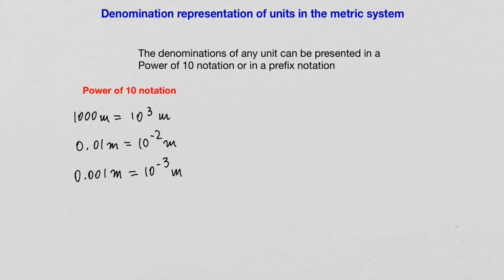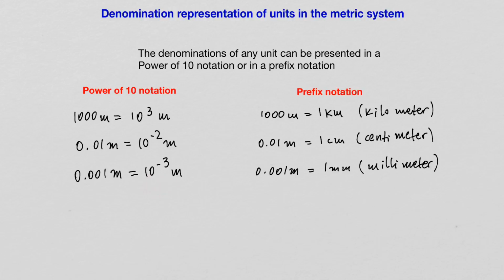So in power of 10 notation, the three denominations of units for length are presented. 1,000 meters is presented as 10 to the third power meters. 0.01 meters is presented as 10 to the negative second power meters. And 0.001 meters is presented as 10 to the negative third power meters.